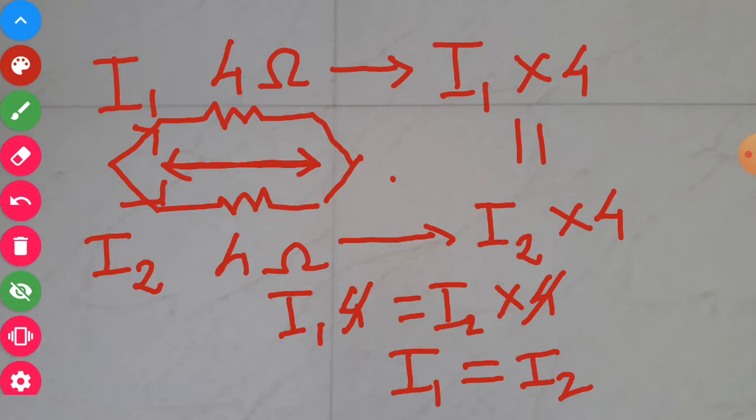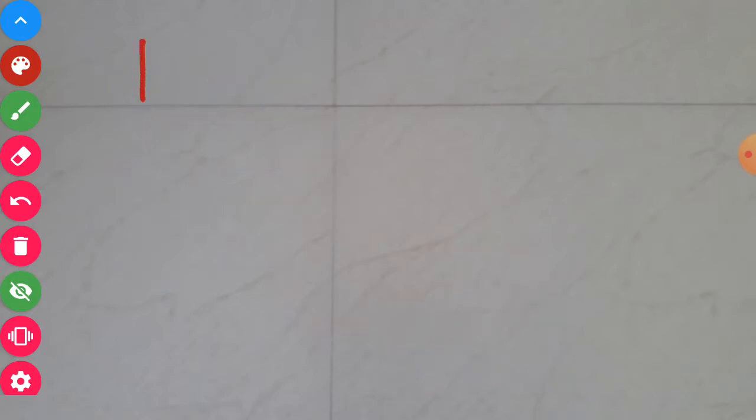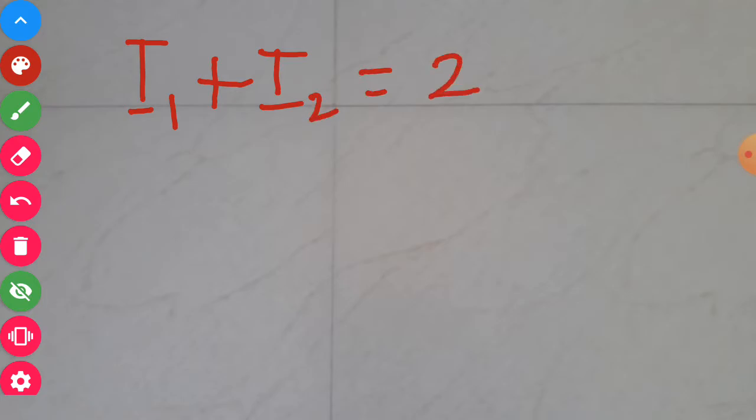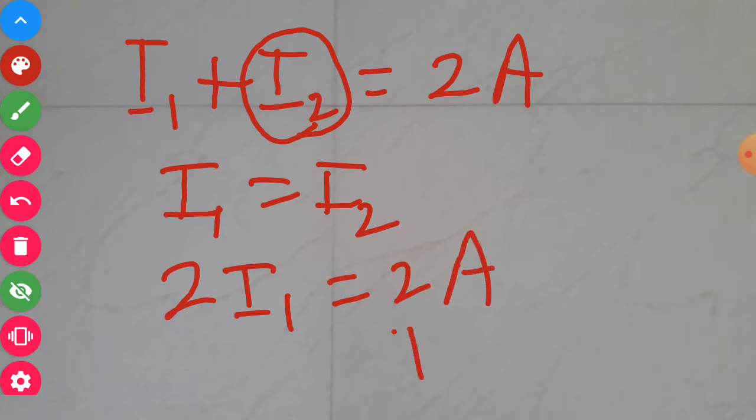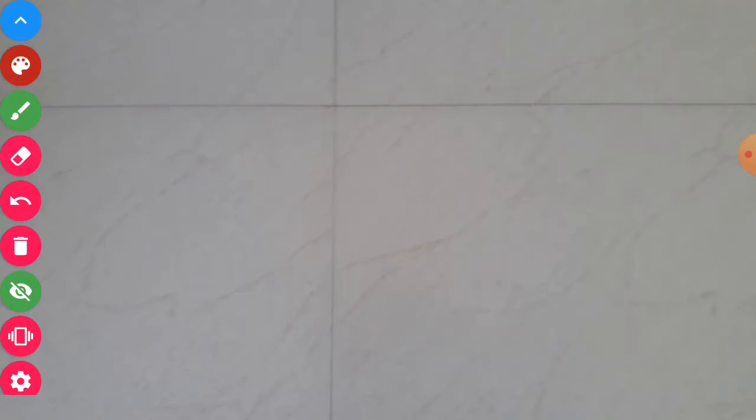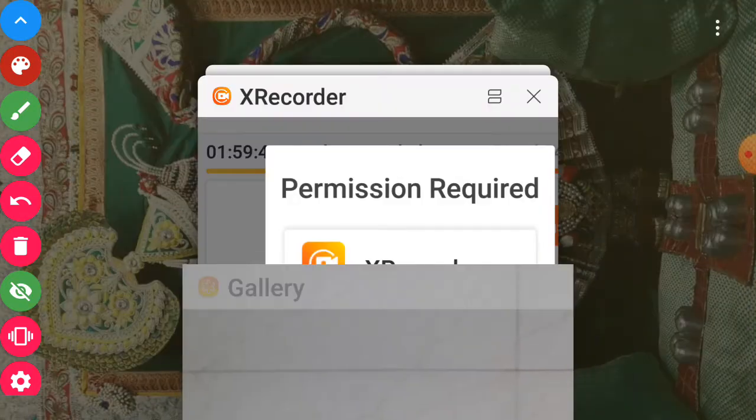As you know, I1 plus I2 is the total current, I1 plus I2 is equal to 2 ampere and I1 is equal to I2. So just place I1 here, so it becomes 2I1 is equal to 2 ampere. So I1 will be equal to 1 ampere. Similarly I2 is also 1 ampere. This we have shown mathematically. Now the next resistance we take.